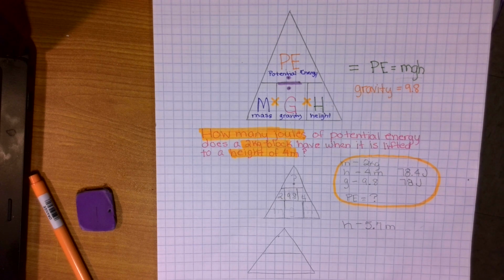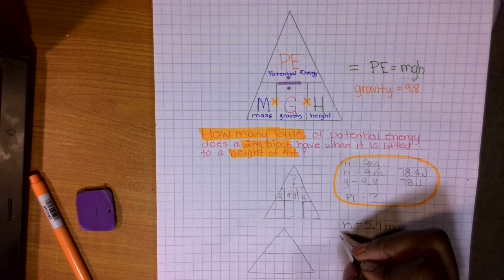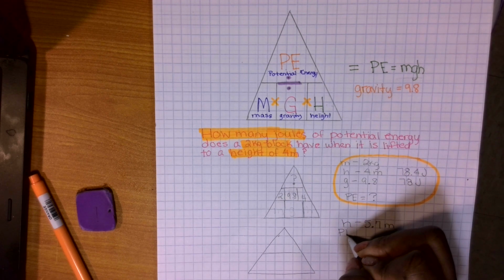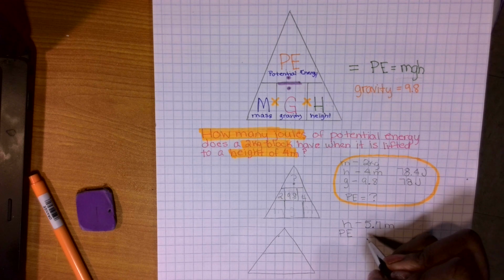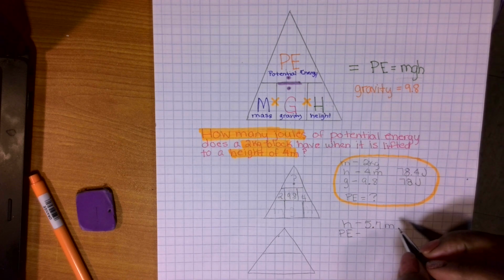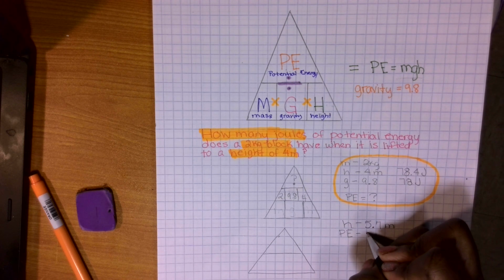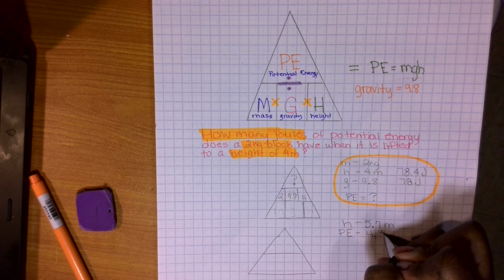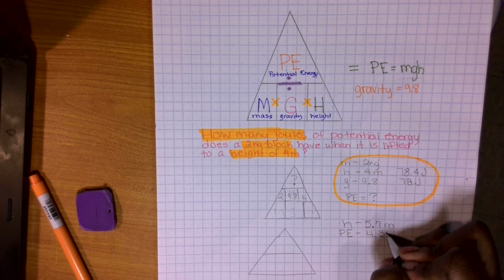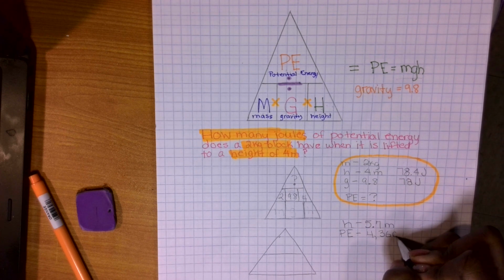Okay. Also, if it has an energy of 4,360 joules, we know that joules means that's potential energy. So we're going to go ahead and write down our potential energy is given. And our potential energy was 4,360 joules.